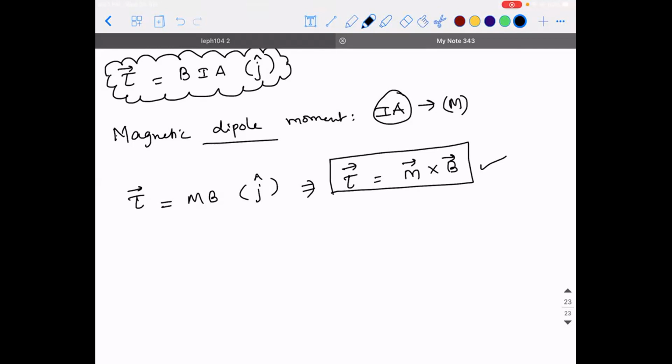Here, I directly wrote it as M vector cross B vector because I didn't take the coil at some tilted angle. I took it exactly perpendicular. That is why I got sine 90, that's why it's 1. But the generic formula for torque experienced by a magnetic dipole in a magnetic field is torque equals M vector cross B vector.